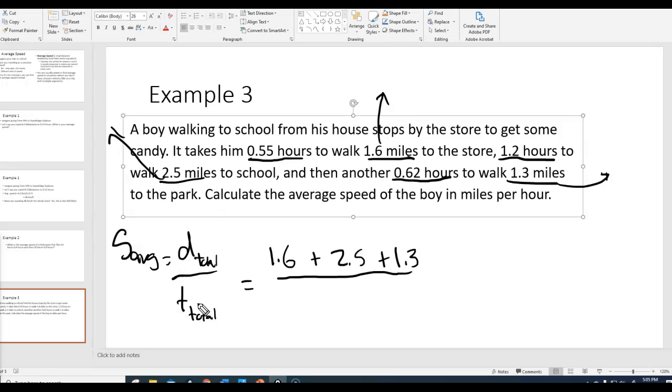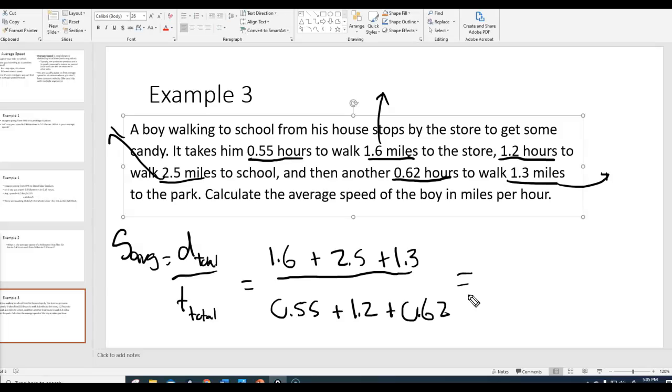And then for t total, I'm just going to add up my three times and then divide. 0.55 plus 1.2 plus 0.62. So I added up all the miles, and then I added up all the hours, and now I'm just going to divide.